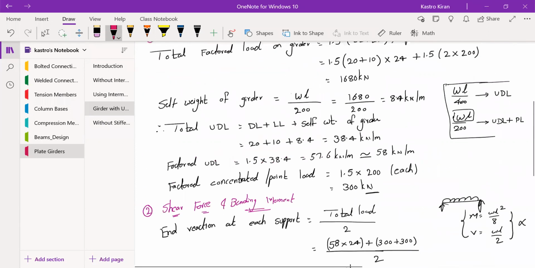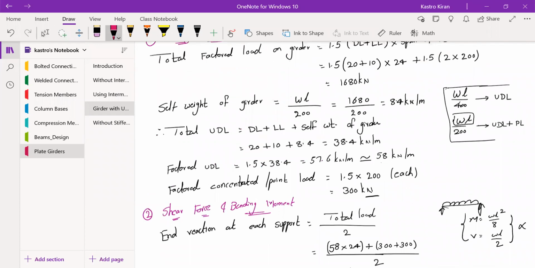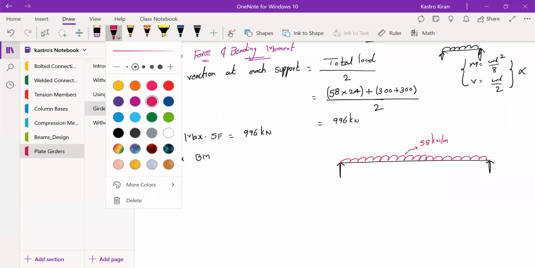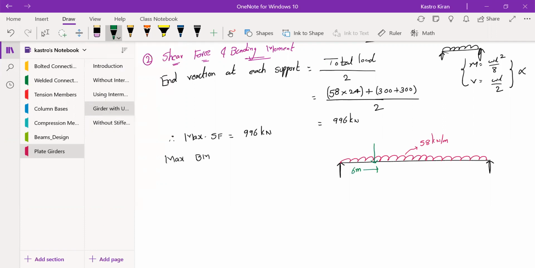We have solved this here: 58 kilonewtons per meter, the total factored uniformly distributed load. You also have the factored concentrated loads. Let me draw those values also. The factored concentrated loads are acting at a distance of 6 meters from each support.